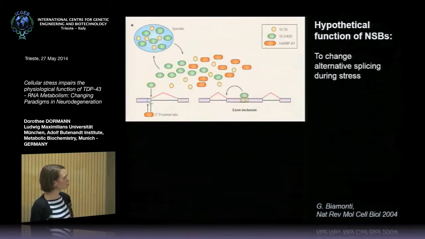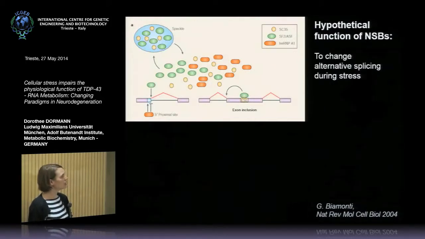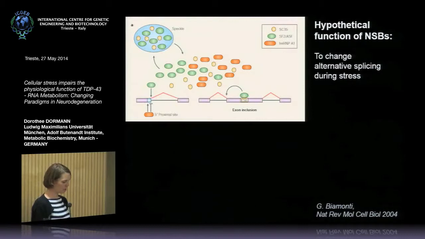So, as I said, the function of these nuclear stress bodies is still somewhat hypothetical. Giuseppe Biamonti has proposed that they change alternative splicing reactions during stress, because alternative splicing is, of course, regulated by the concentration of various splicing factors in the nucleoplasm.